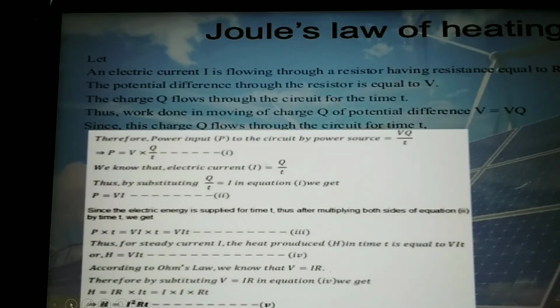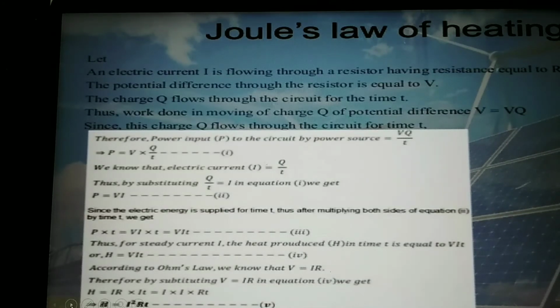Since the electrical energy is supplied for time t, after multiplying both sides of the equation by time t, we get Pt equals VIt.